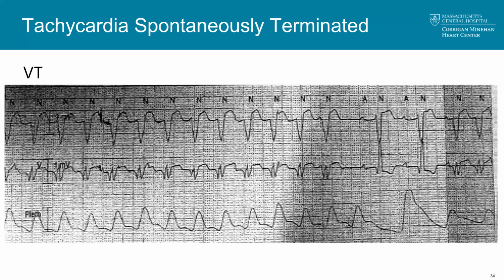Or if you have other reasons to believe that medications are not going to work, either because they can't tolerate them because of other types of conduction system disease, or if you see findings like in this one that you think, you know what, this could be something coming from close to the conduction system, and I'm worried that this is going to persist even with medications.